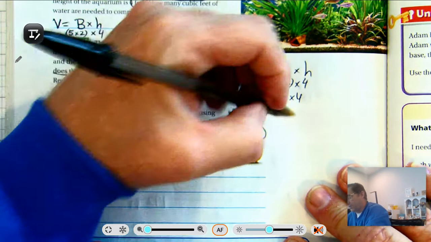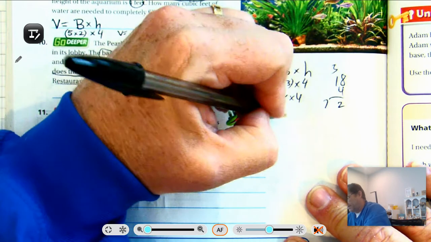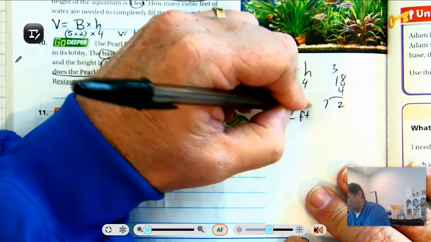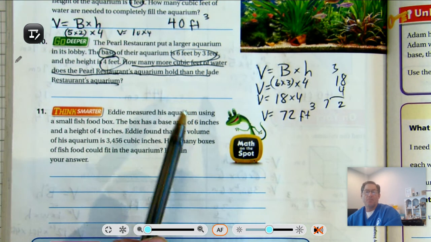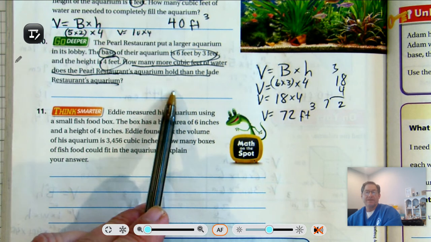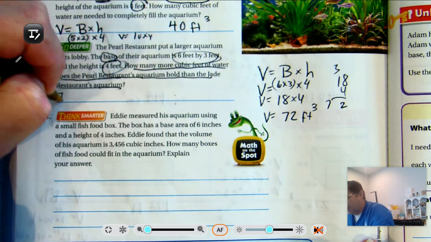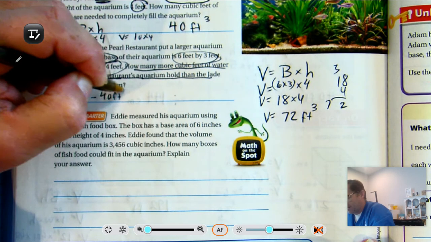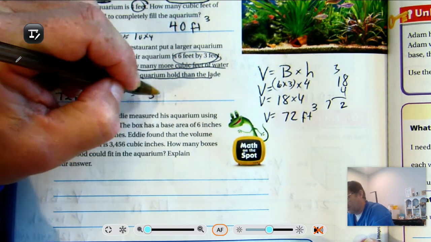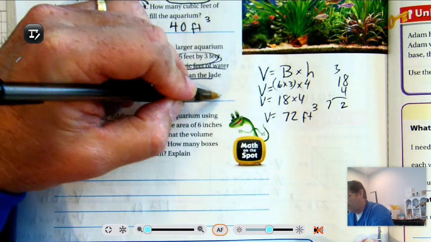So 18 times 4 is 72 cubic feet. Okay, the question didn't ask me how much the Pearl Restaurant was. It wants to know how much more. So 72 cubic feet minus 40 cubic feet is 32 cubic feet more.